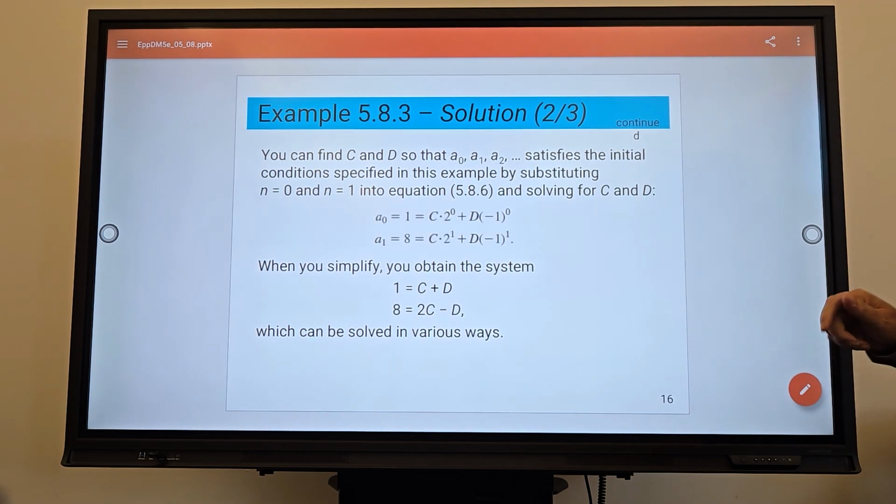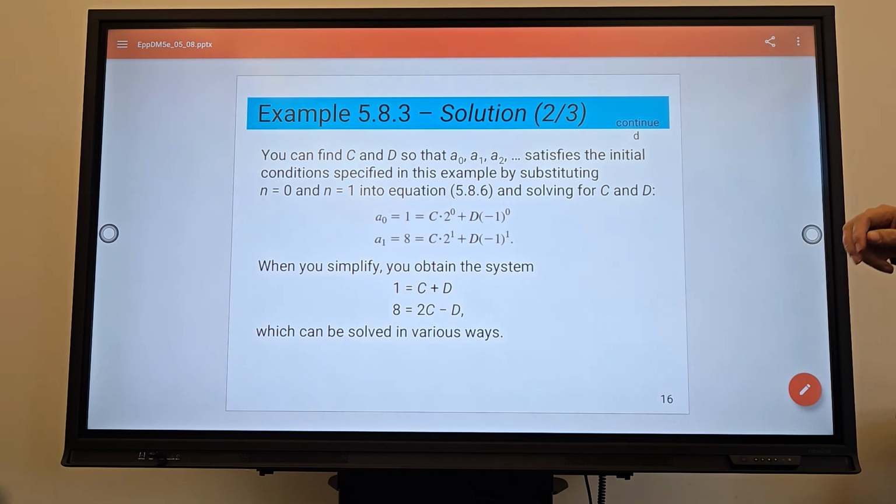So you can find c and d so that the sequence a satisfies the initial conditions specified in this example by substituting n equals 0 and n equals 1 into the equation and solving for c and d, like so.